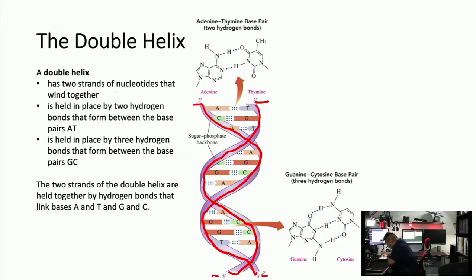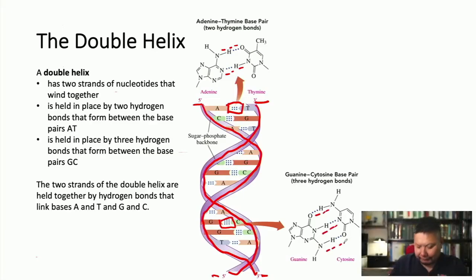And then we take a closer look at each of these nitrogenous bases, and you can see here, right, adenine and thymine together there, holding together with 2 hydrogen bonds inside the double helix. And then here with guanine and cytosine right here, being held together with 3 hydrogen bonds. Right? Remember that.